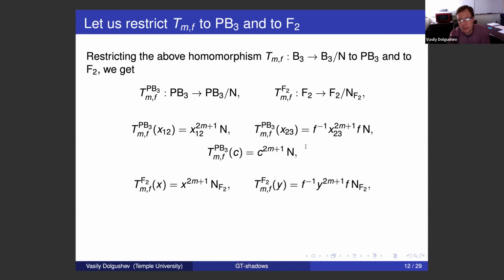And then for TMF restricted to F2, explicit formulas, and they probably remind you of the formulas for the endomorphism E, remember E, the endomorphism of F2 hat. It's not hard to show that TMF is onto 2 if and only if this homomorphism is onto 2, and if and only if this homomorphism is onto 2.